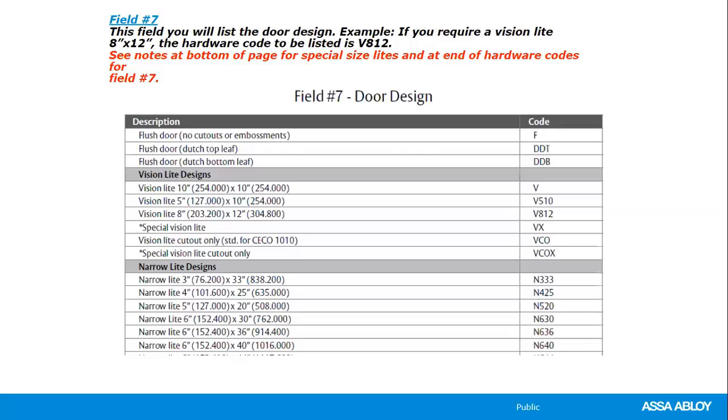If ADA code requires the bottom rail to be a different size, use a special full louver code and call this out in field 19, miscellaneous options, and send a sketch. For the LFX, which has a single asterisk, it says for special glass or louver sizes, call out sizes in field 19, miscellaneous options, and see note 5 on page 15.